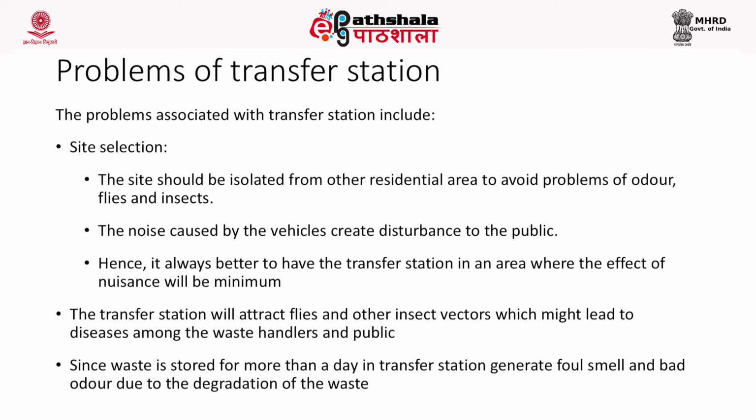Hence, it is always better to have a transfer station in an isolated area so that all these nuisances can be avoided. The transfer station will attract flies and other insect vectors which can cause a lot of diseases among the public. Since the waste is going to be stored for more than a day in a transfer station, it generates a lot of foul smell and bad odor due to the decomposition of the waste.